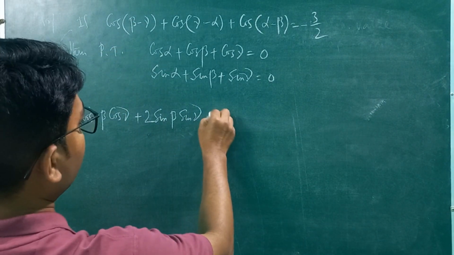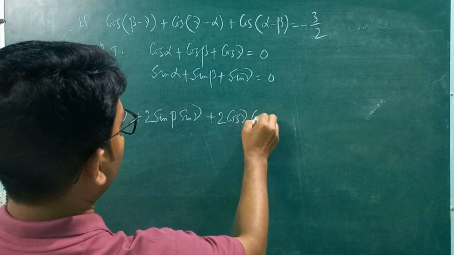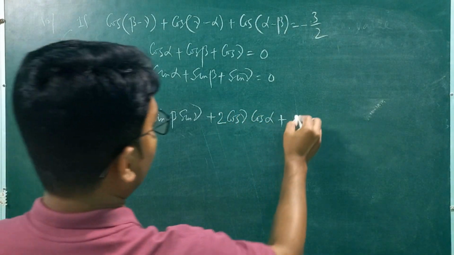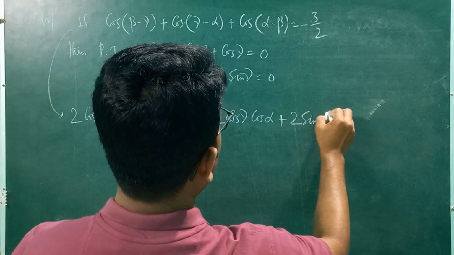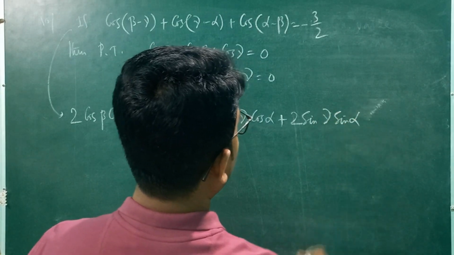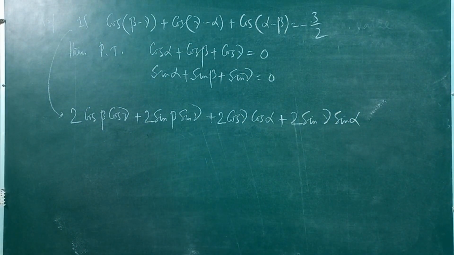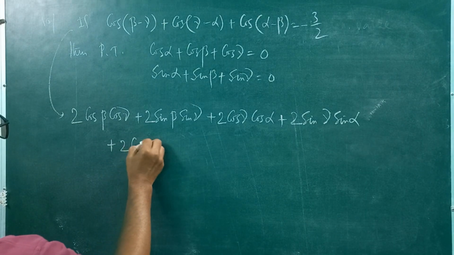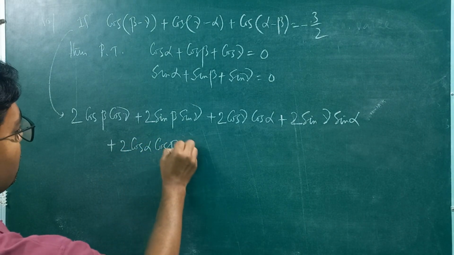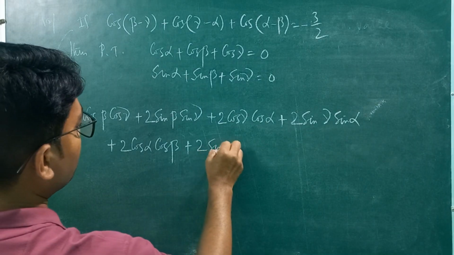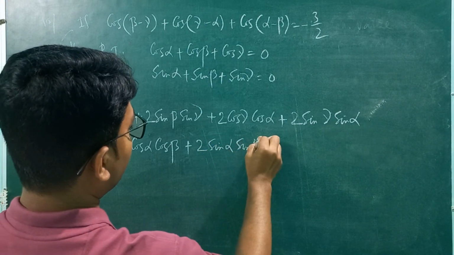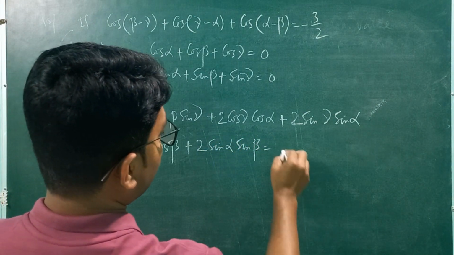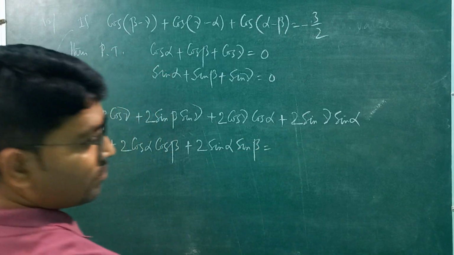For the second term, 2 cos gamma cos alpha plus 2 sin gamma sin alpha. Third term, 2 cos alpha cos beta plus 2 sin alpha sin beta. On the other side there is -3.